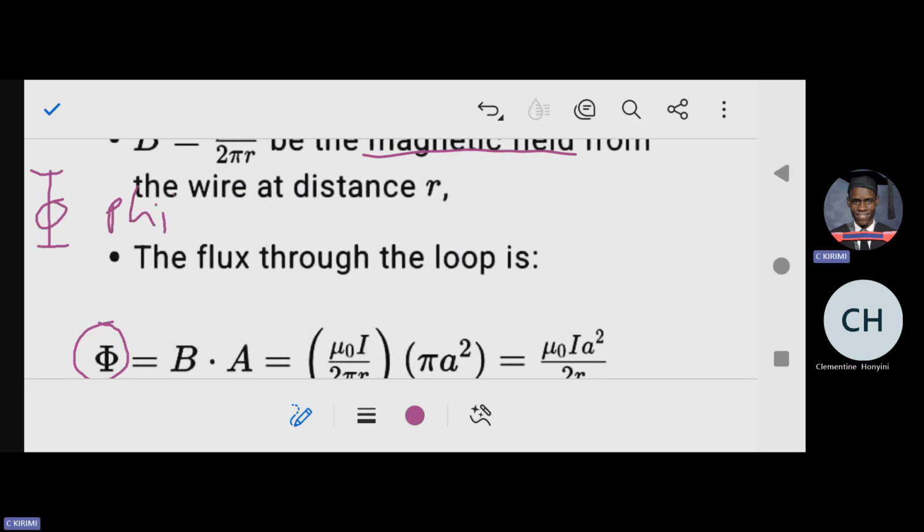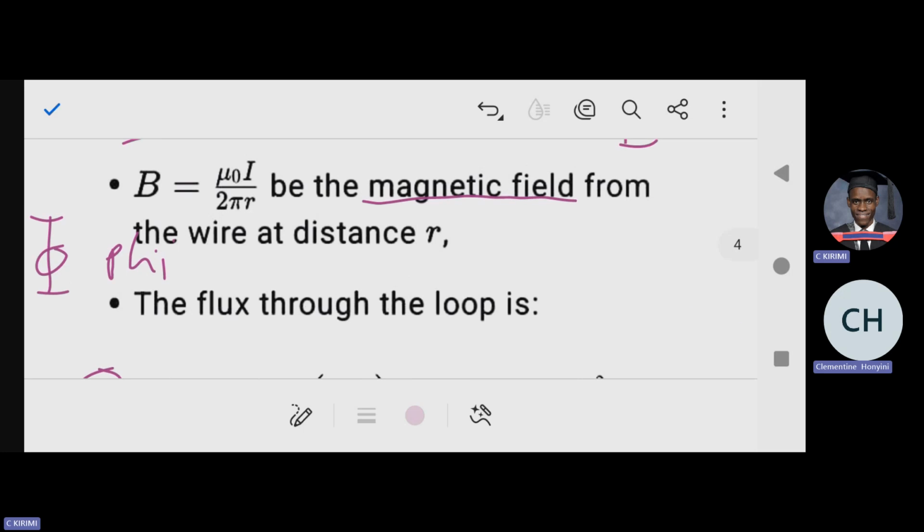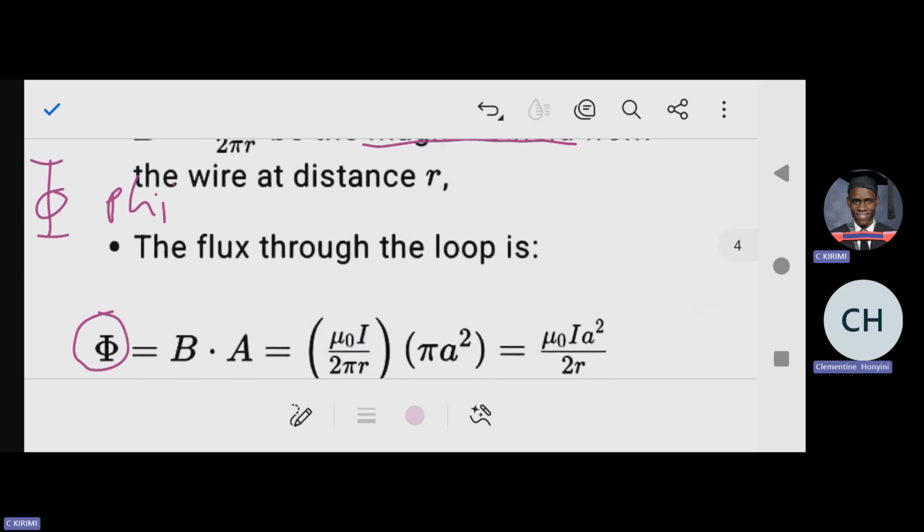So that phi is representing B, the magnetic field, multiplied by the area. What is the area of a circle?